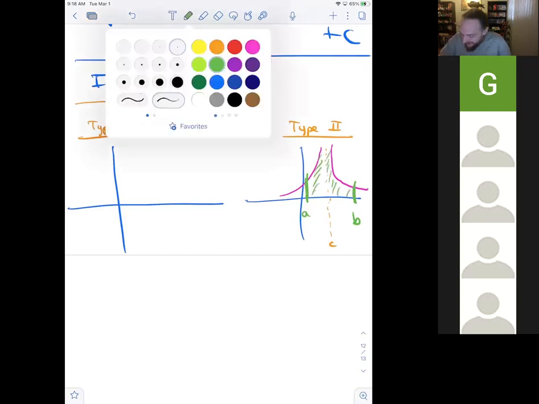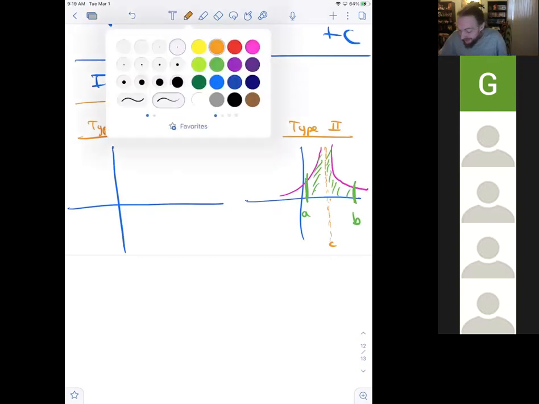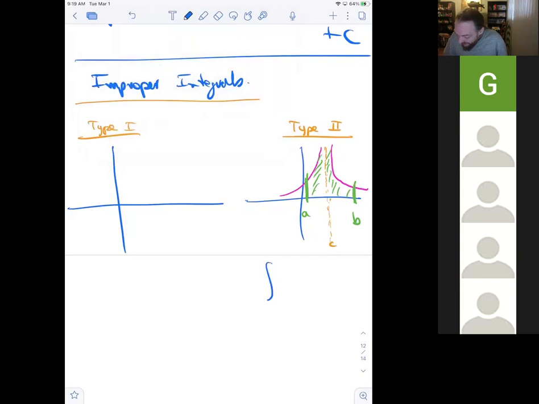But we have a discontinuity in there. So that's type 2, where there is division by zero somewhere in our expression. This would be, say, the integral from A to B of 1 over (x minus c) squared dx. You're like, I don't see what the problem is. Well, the problem is we have division by zero at c, and c is inside that interval AB. So we want to know whether the area that we're going to compute under there is finite or infinite.